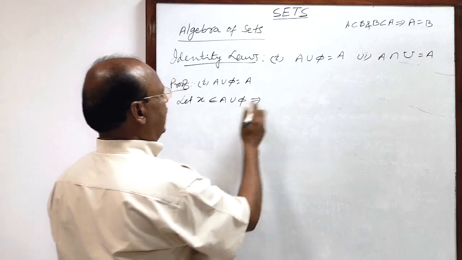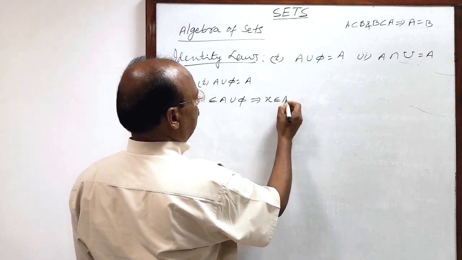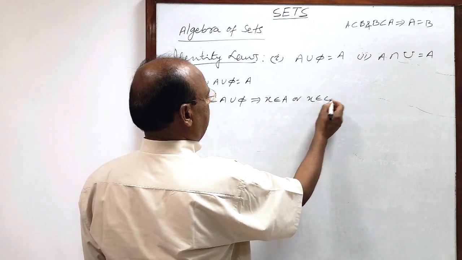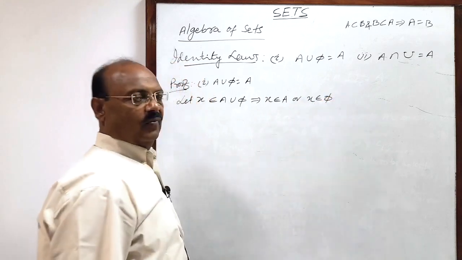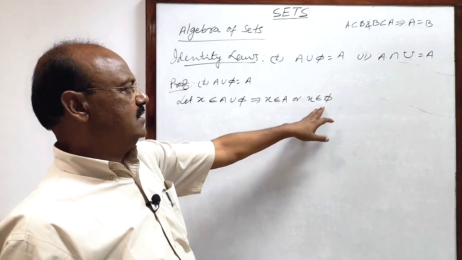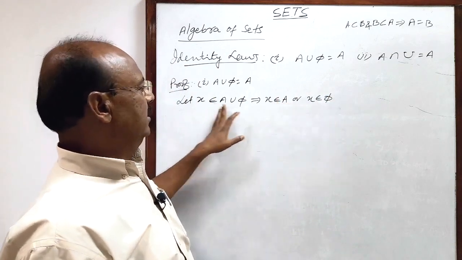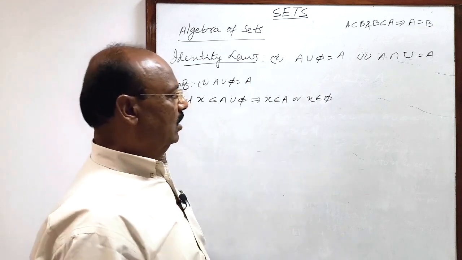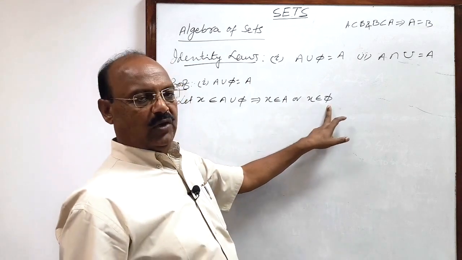So this shows that X is belonging to set A or X is belonging to set phi. If X is belonging to any one of these two sets, X will come in the union of these two sets. Okay, but this is not acceptable.